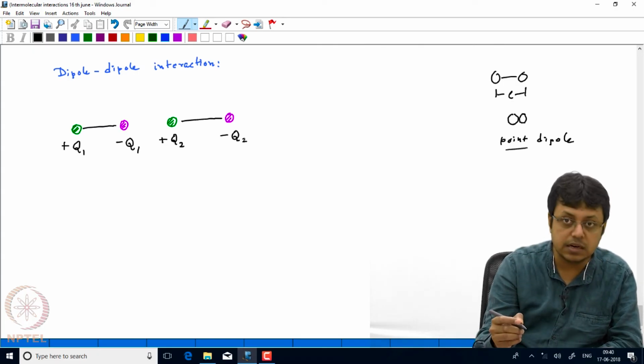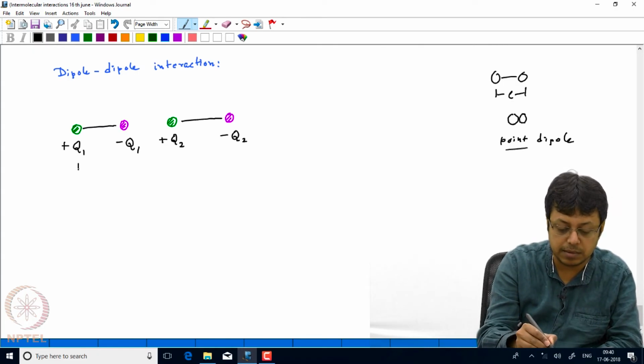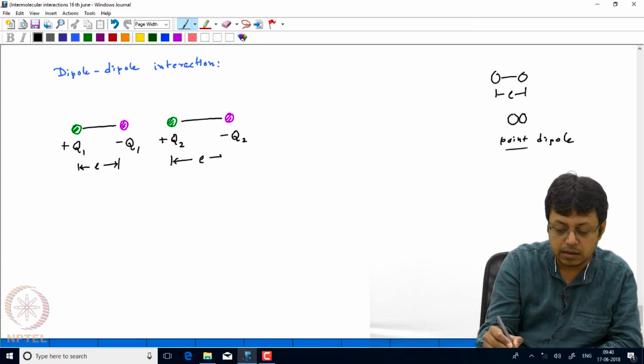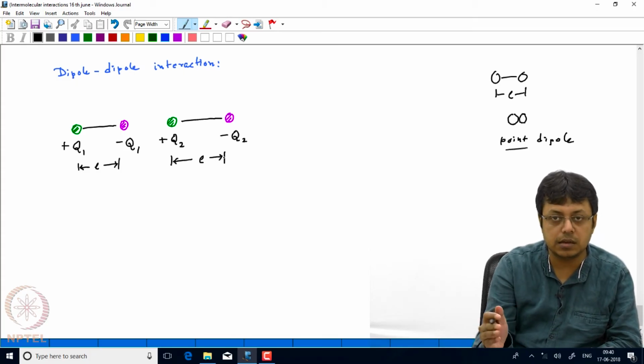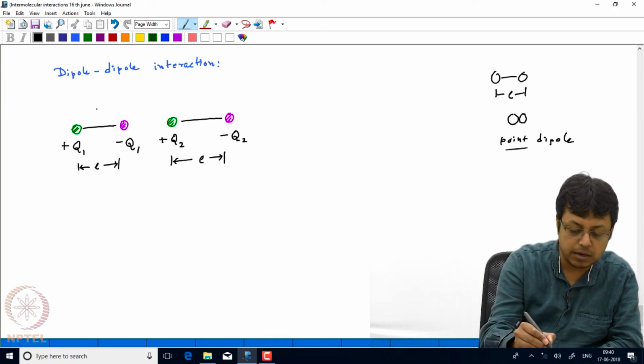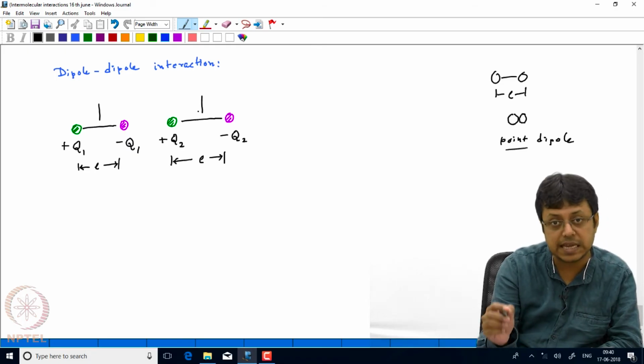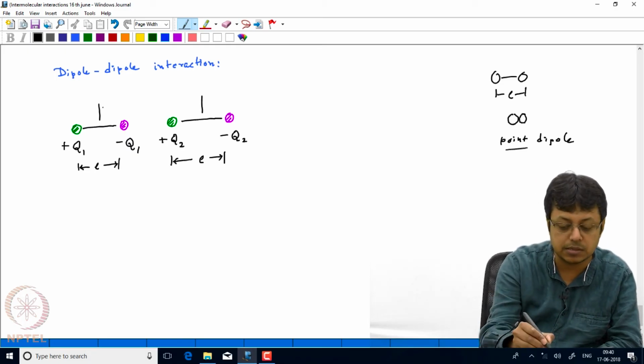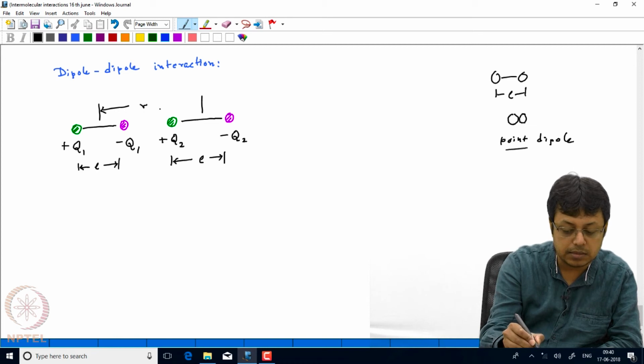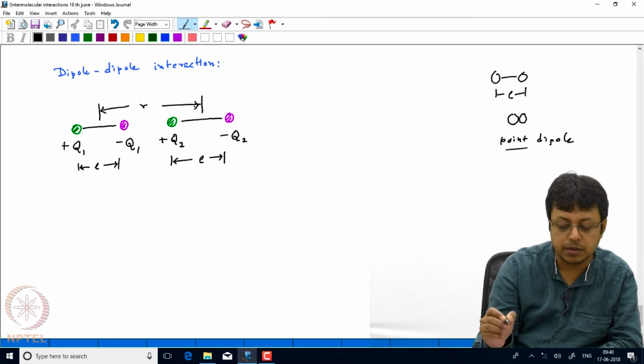And let us also consider the lengths of the dipoles are the same, meaning this is L, this is also L. This is just to keep the calculation simple. And as before, let us also consider the dipole-dipole distance, which is measured from the center of the dipole to the center of the other dipole, is r, small r.